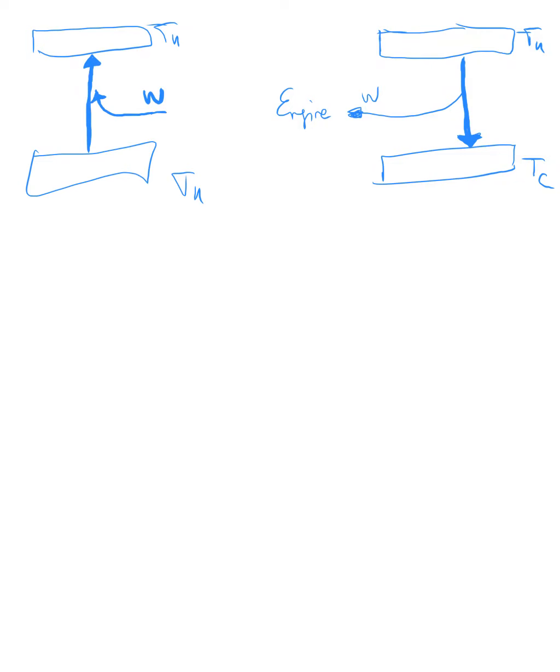So this is an engine. This is a refrigerator. This is high temperature. This is low temperature. So this is the amount of work that I do. And with this work, I remove some heat, some thermal energy from low temperature, and I dump some amount of energy into high temperature.